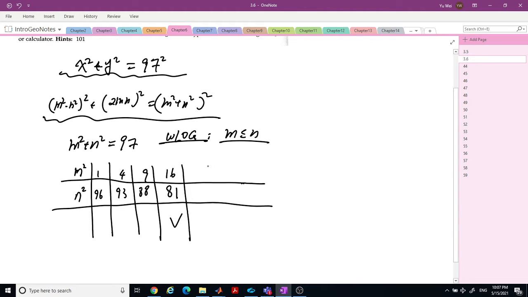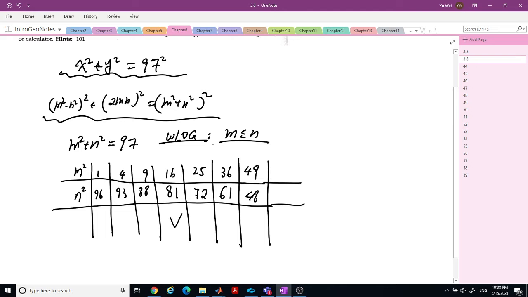This is 1. 5 squared, then 6 squared, 7 squared is 48. Okay, so m is less than n.